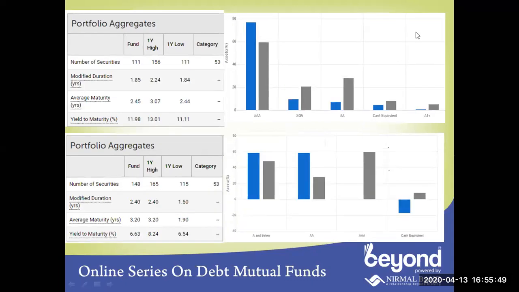The second example I'll also explain. I have taken the example of a similar category. I have purposefully not shown the names of the funds, because that might misguide you into treating this as a sell or buy call, so I've removed the names. But these two funds are from similar categories.